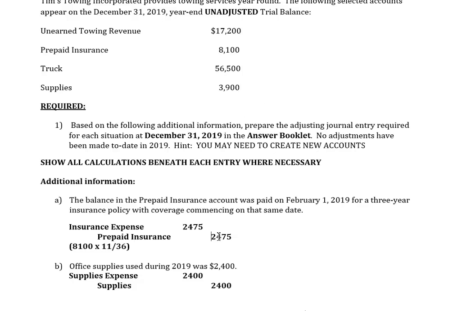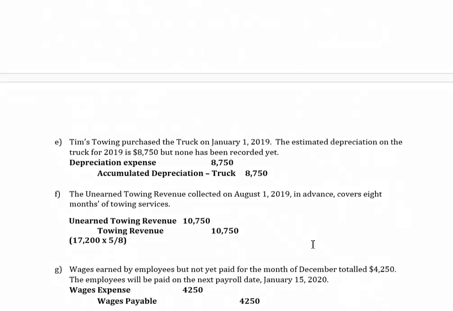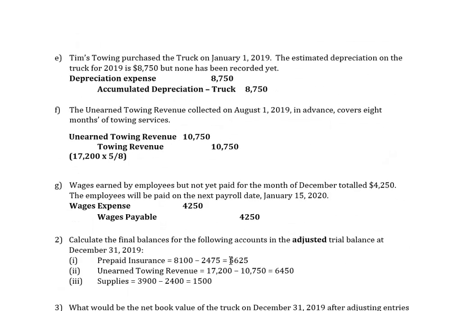But we know we used up or credited it for $2,475. So that means we're going to have $56.25 left on December 31st, 2019. We had unearned towing revenue of $17,200 in the unadjusted trial balance, but remember, we used up of that unearned, we used up $10,750. So don't forget, this is a normal credit balance account.